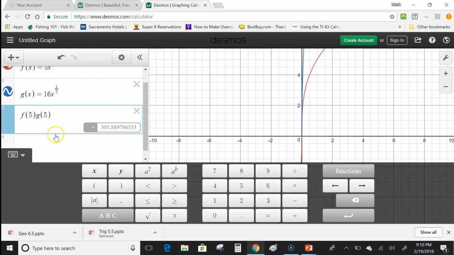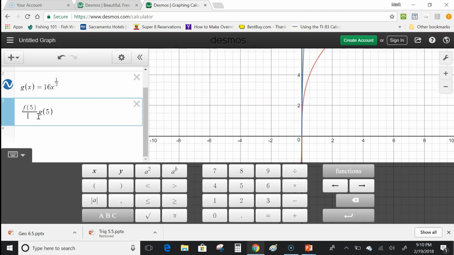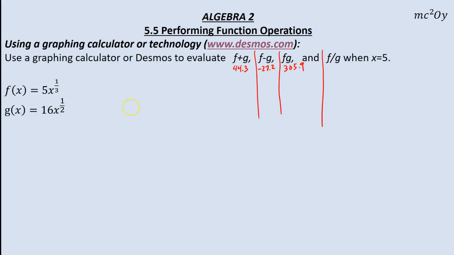All you do is go in and put a division sign. I made it sound so easy. Now, delete this g of 5. There we go, 0.2.